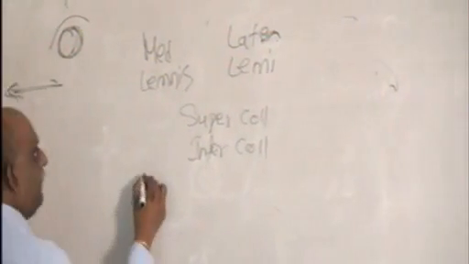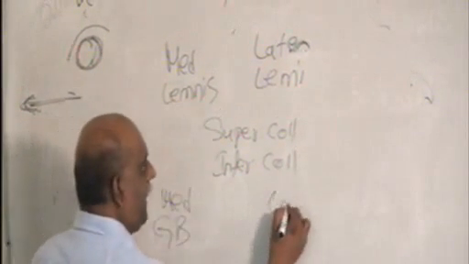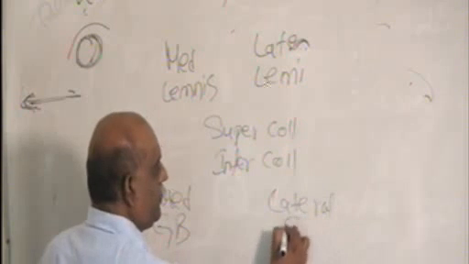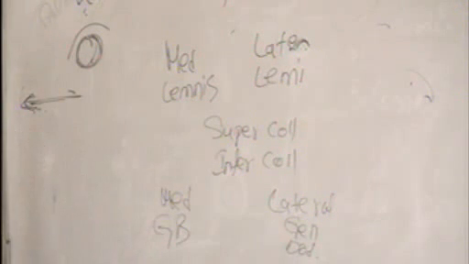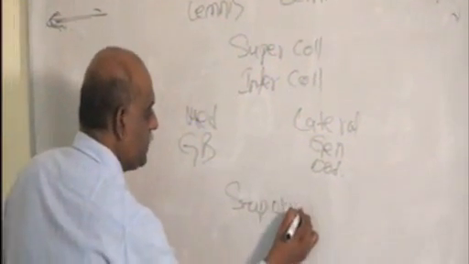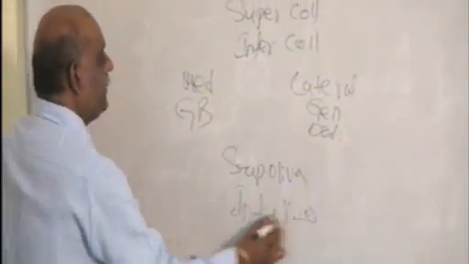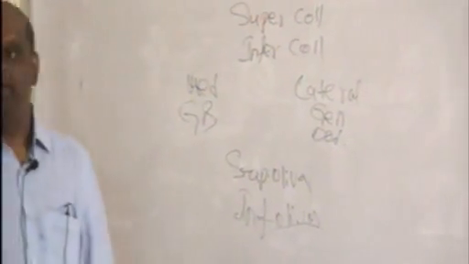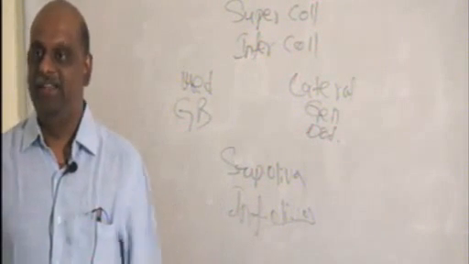You have the medial geniculate body, lateral geniculate body. You have the superior olivary nucleus, inferior olivary nucleus. What are these structures? In neuroanatomy, you should know.